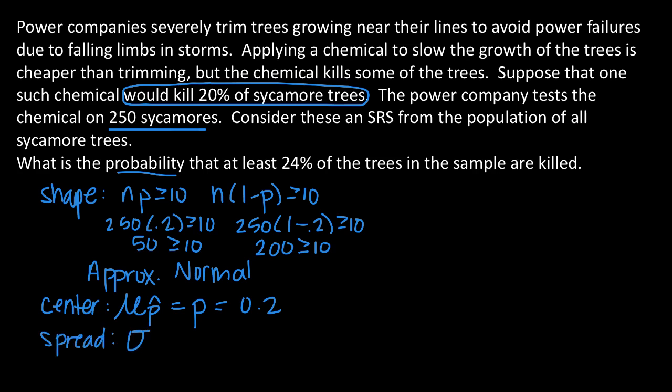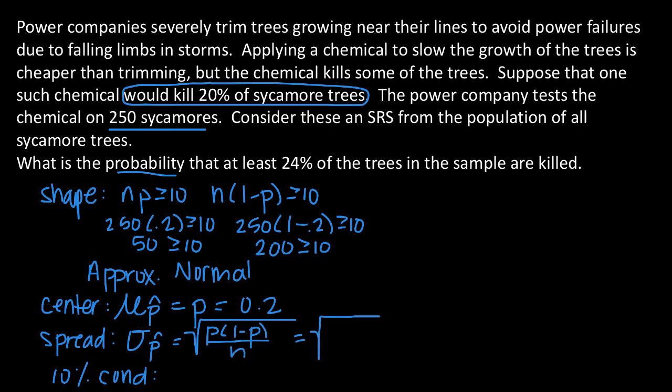And the standard deviation of the sampling distribution of proportions, if the 10% condition is met, which I'll check in just a second, is the square root of p times 1 minus p over n. So square root of 0.2 times 1 minus 0.2 over n, which was 250.